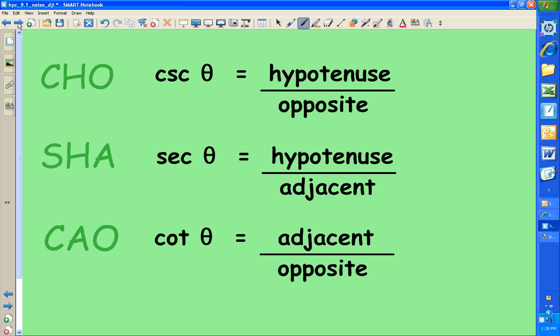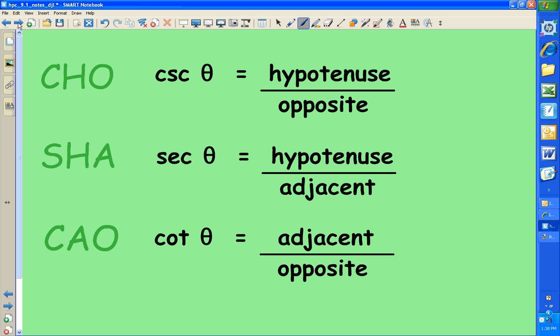They are the reciprocal identities from the big 3. So opposite over hypotenuse becomes hypotenuse over opposite. If you know the little 3, you probably know the big 3. Everybody good here?